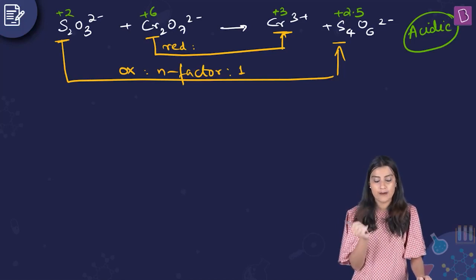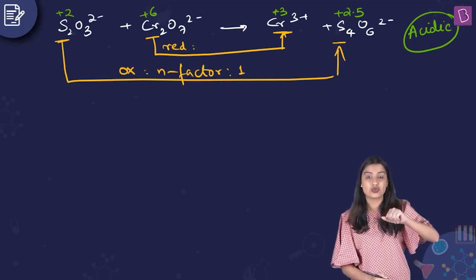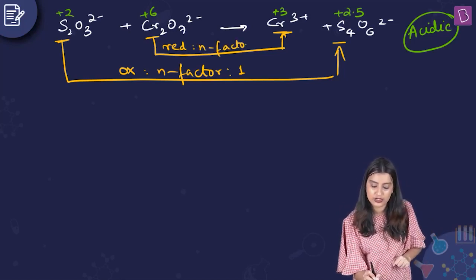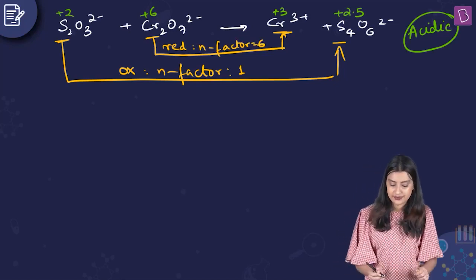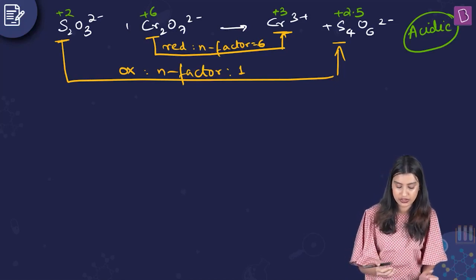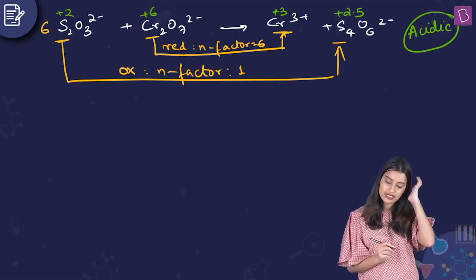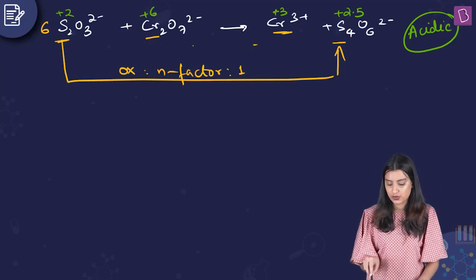So 3 multiplied by the number of chromium atoms on the reactant side, 3 into 2, 6. Your N factor here is equal to 6. Now what will we do? We will cross multiply it. So here you will write 1, which is as good as not writing anything. And with S2O3 2-, you will write 6. Okay, so this is what we get.